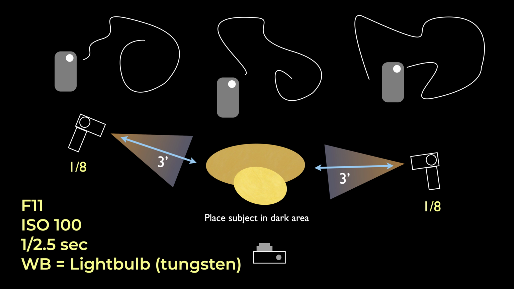Now, the beauty about this is if you remember these settings, if you can be in a completely dark situation where you're at f11, ISO 100, and you put your shutter at 2.5 seconds, and if you fire it without the flash and it's still dark, then you can do this shot with these settings.